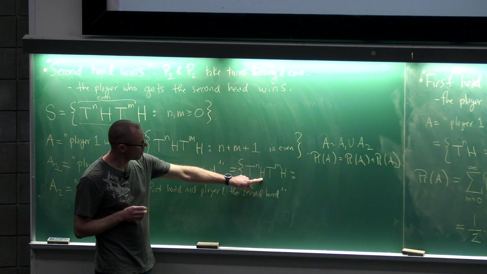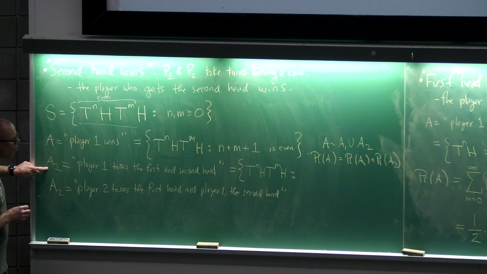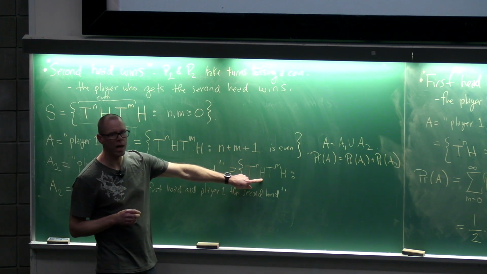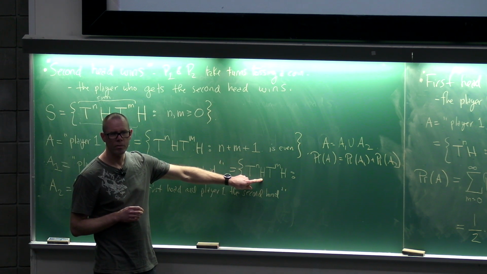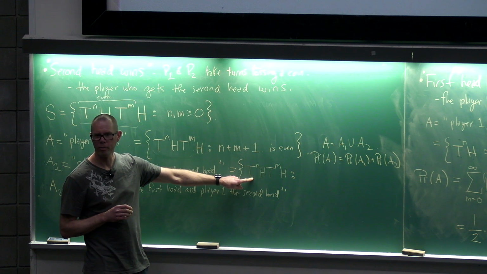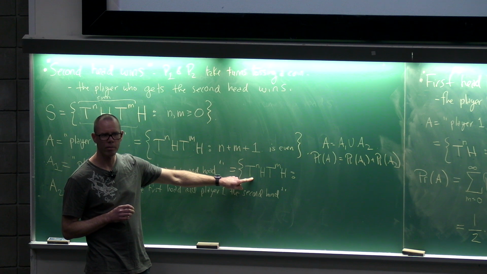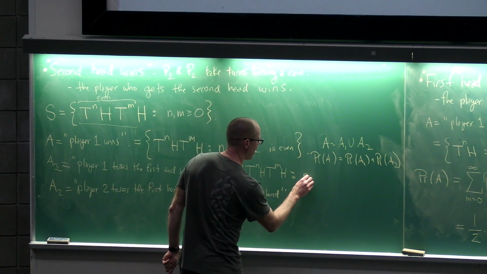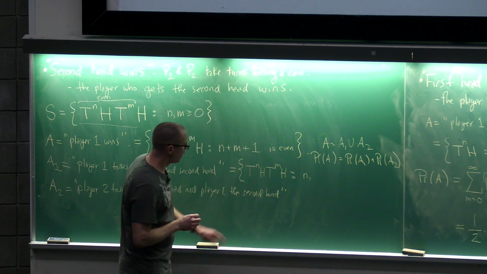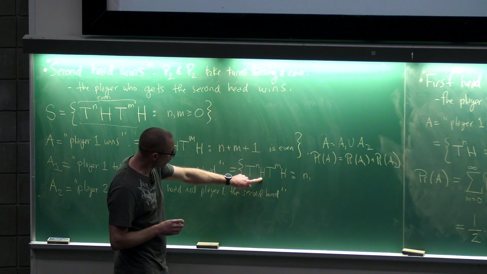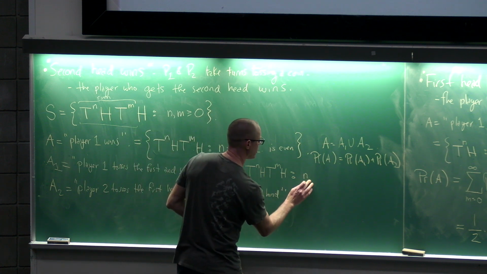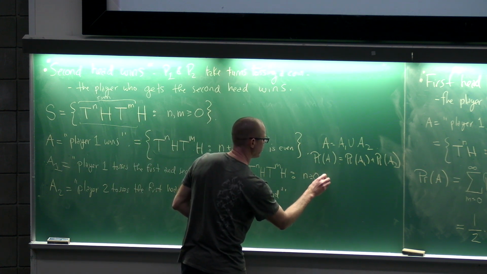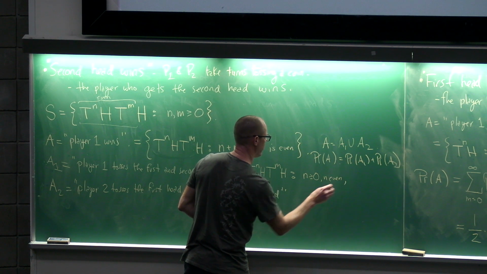In the event A1, player 1 tosses the first head. So then what's the value of n? Even or odd? Has to be even. So n has to be even, n bigger than or equal to 0, and even.